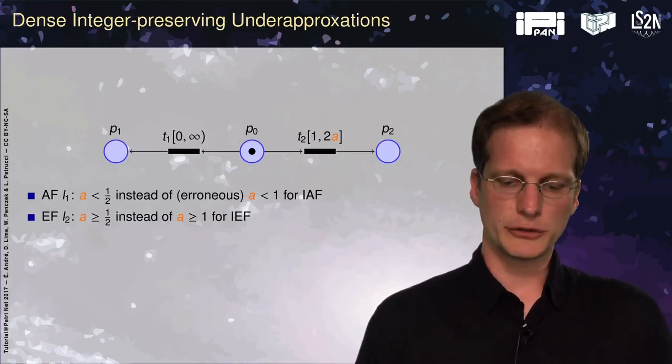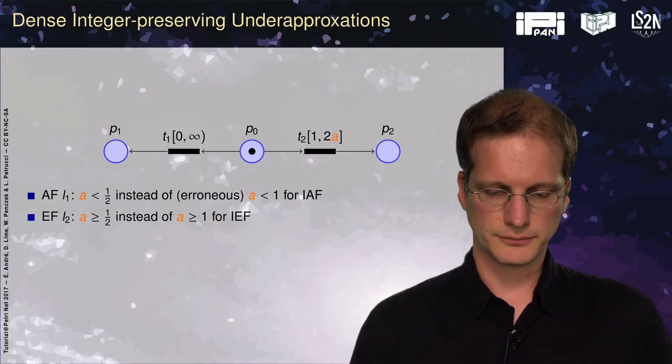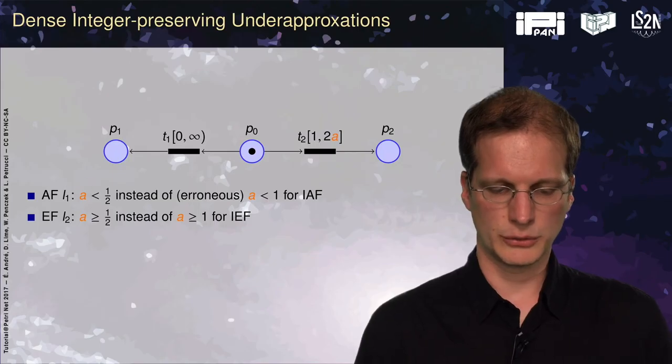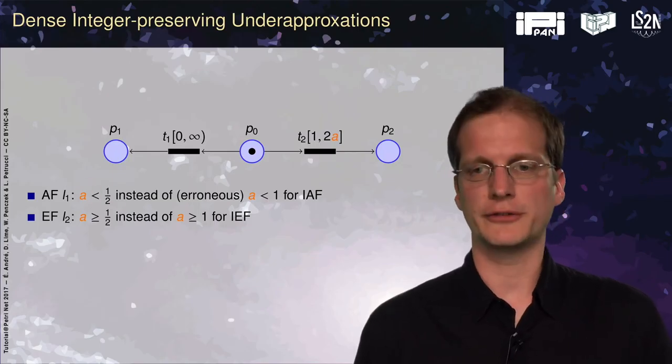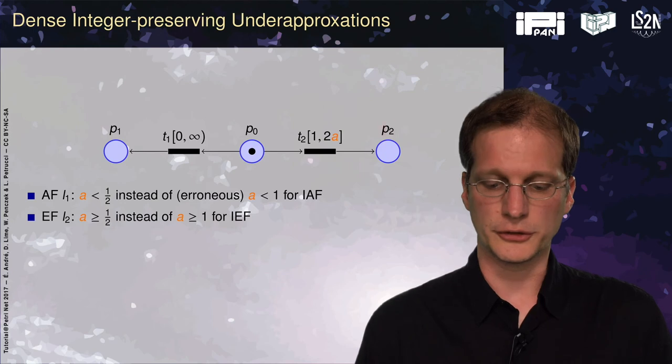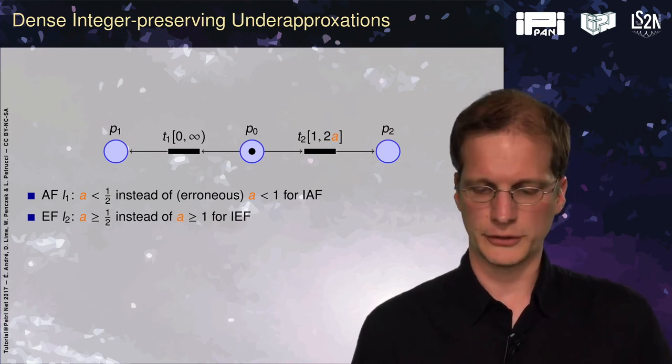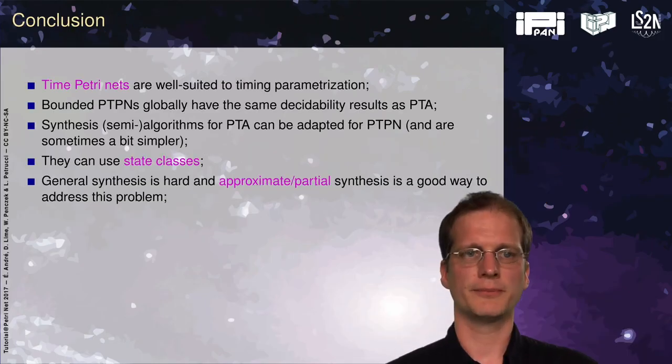If we get back to our example, we now get, of course, that a should be less than 1/2, because we have taken the complement of the successor and not of its integer hull. And we can also get a slightly bigger result for EF in this case.